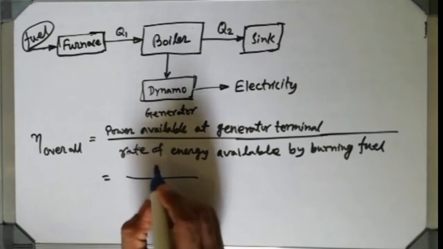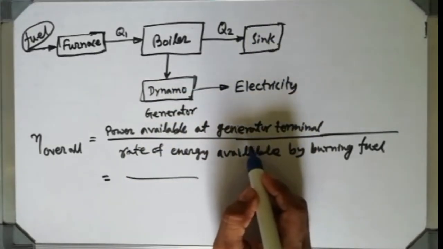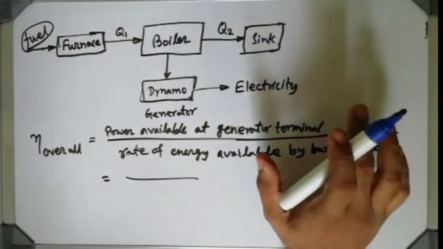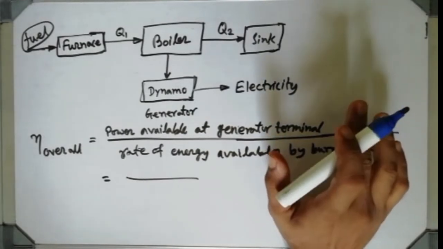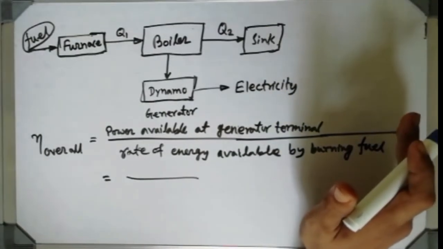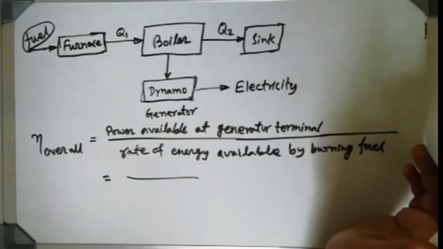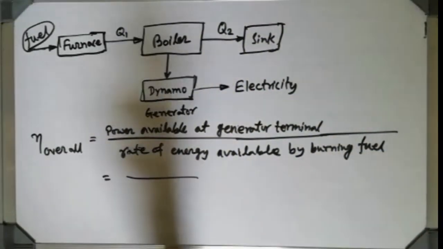So if I write this way, we all know that the generator terminal output we express in megawatt. We have all heard many times that a power plant unit has a generation of 250 megawatt, 500 megawatt. That kind of generation capacity we frequently listen to, and we are familiar with it in megawatt.